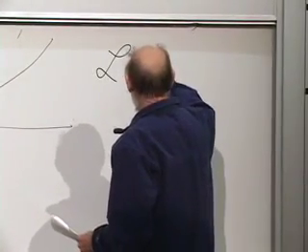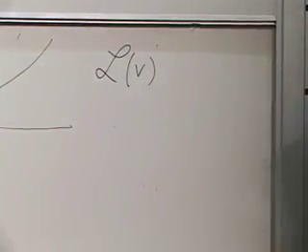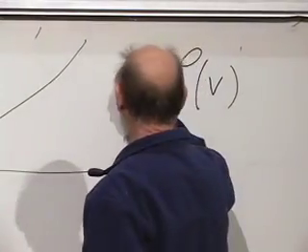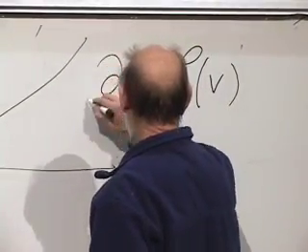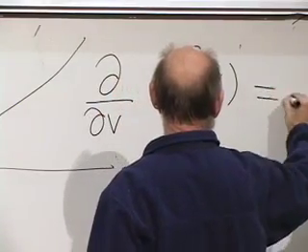And the Lagrangian is a function of V. And it has the property that the derivative of the Lagrangian with respect to V defines P.